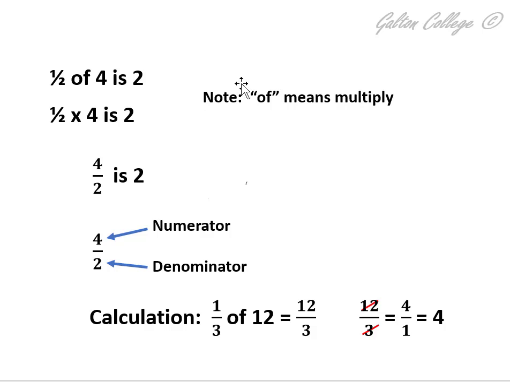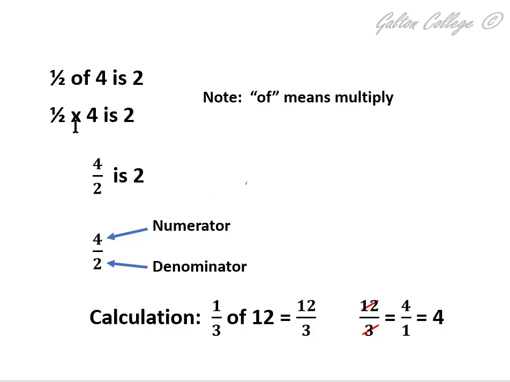Now just to get a little deeper, we often say, what is half of something? What is half of 4? Well, half of 4 is 2. If you ask anybody, it sounds right. Half of 6 is 3. Half of 2 is 1. The "of" means multiply.